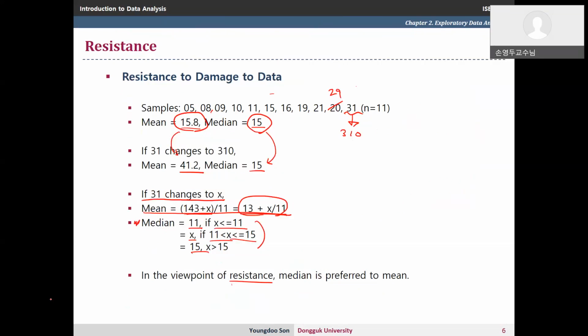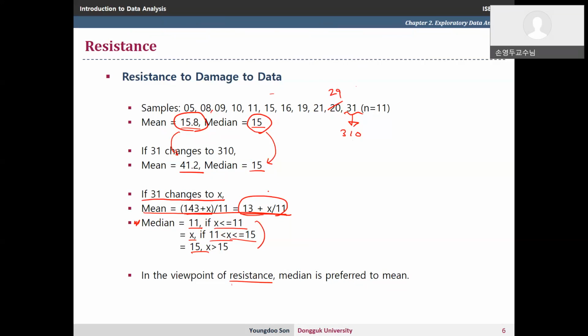However, the median is not changed. Median 15 is not changed. It remains as 15. So we can say that the median is more robust to damage to data than the mean.